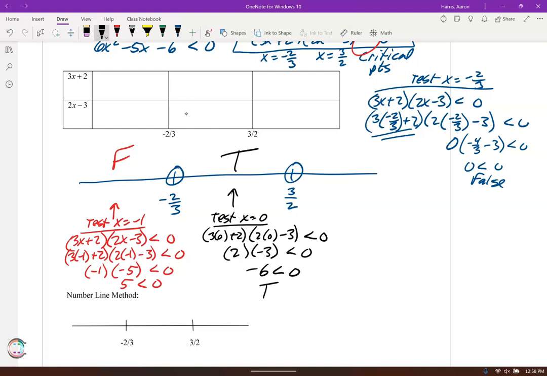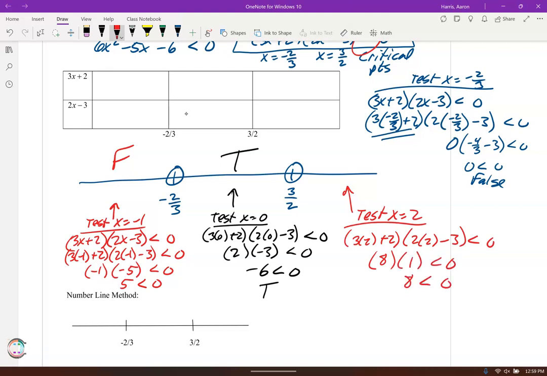And then I'll test something to the right of 3/2, like maybe 2, just to the right of 1.5. So like that's false too.